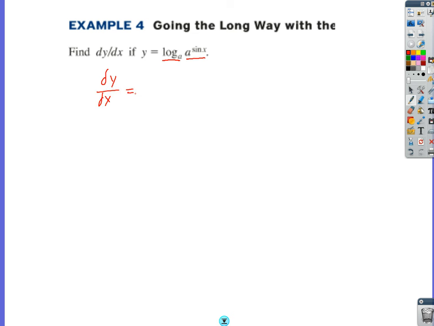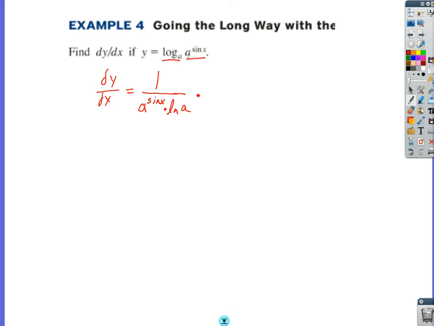So dy dx is equal to, the derivative of log is 1 over whatever function I have there, a to the sine x, times natural log of my base, in this case a, times the derivative of the function, the derivative of a to the sine x.